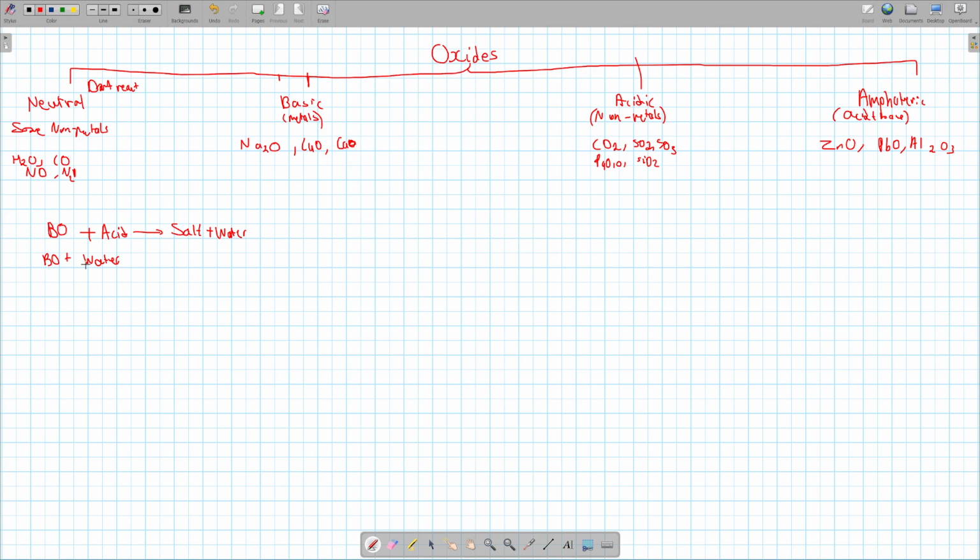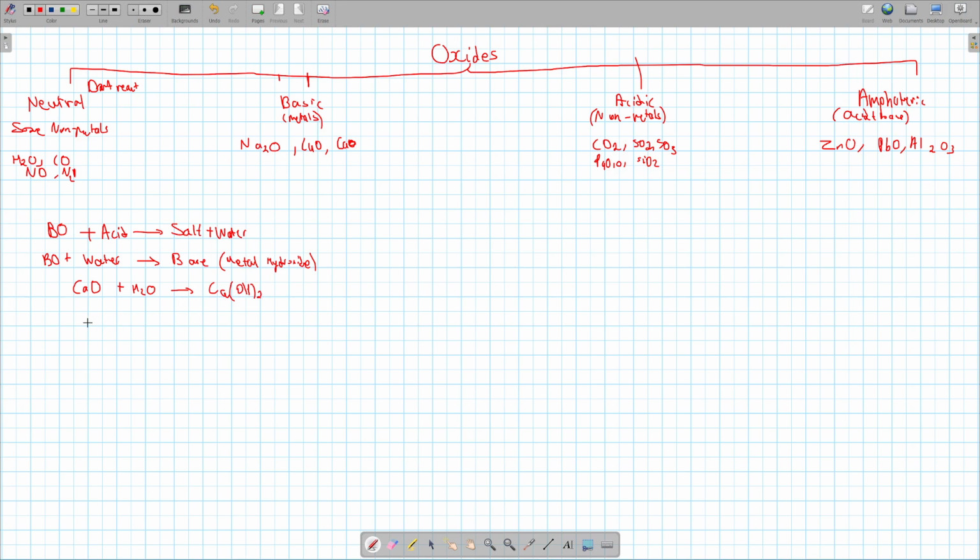If you dissolve a basic oxide in water, you get a metal hydroxide. I'll give you an example. For example, CaO, dissolve it in water, H2O, and you get Ca(OH)2, because of Ca2 plus, crisscross, it goes there. Okay.